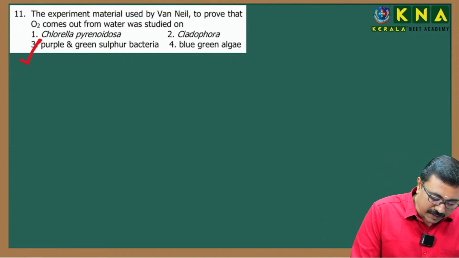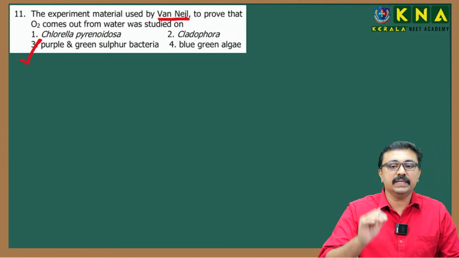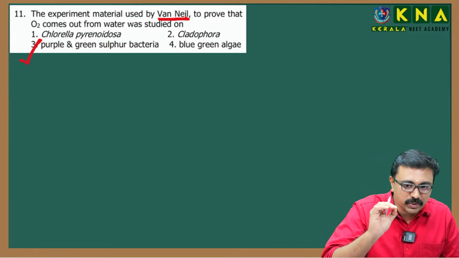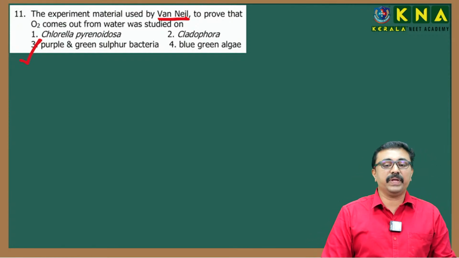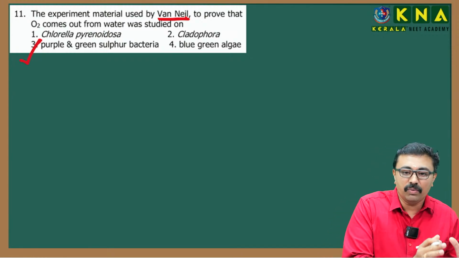because before Van Niel's experiment, scientists believed that oxygen evolved during photosynthesis comes from the splitting of carbon dioxide, not from water.